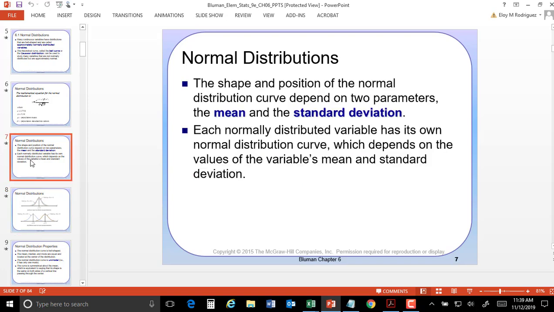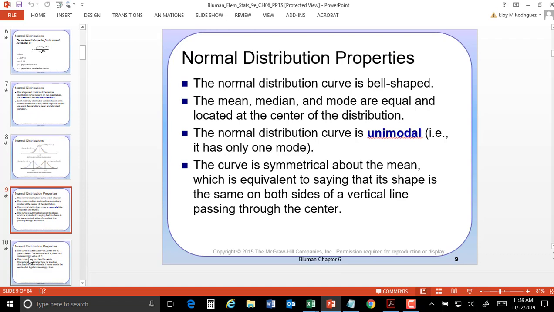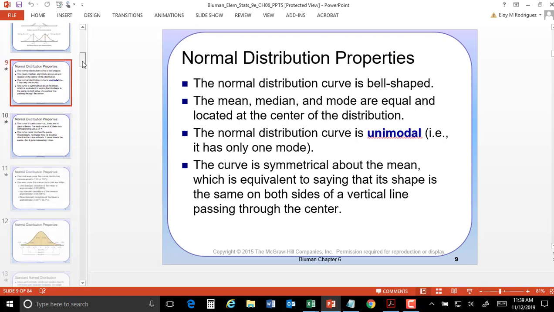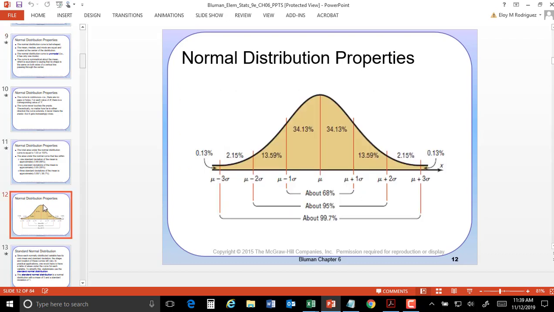Okay. So here we have the mean and the standard deviation. All right.